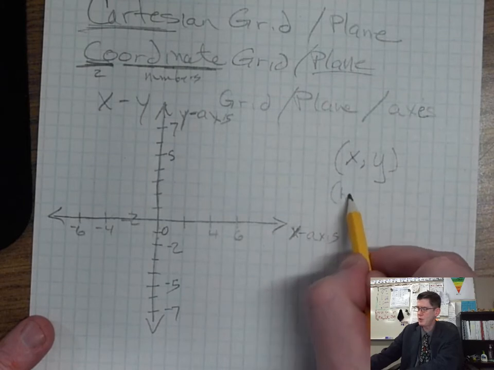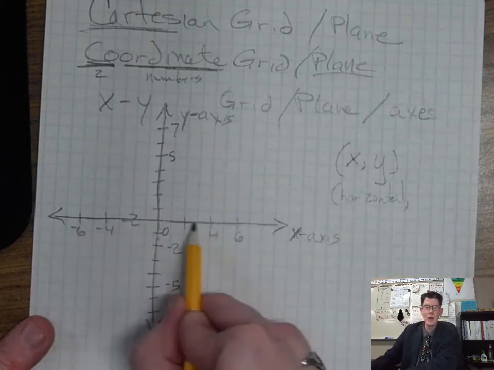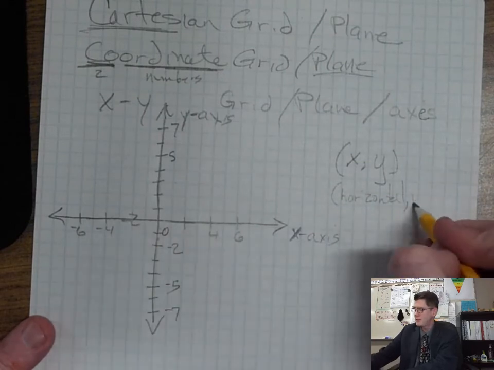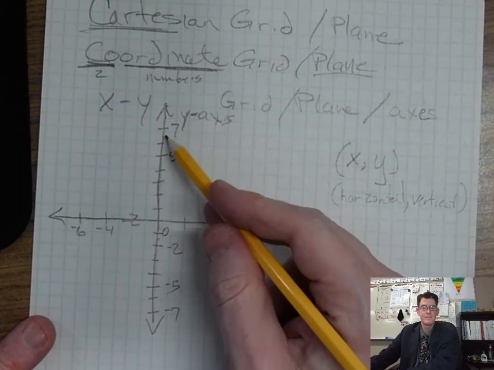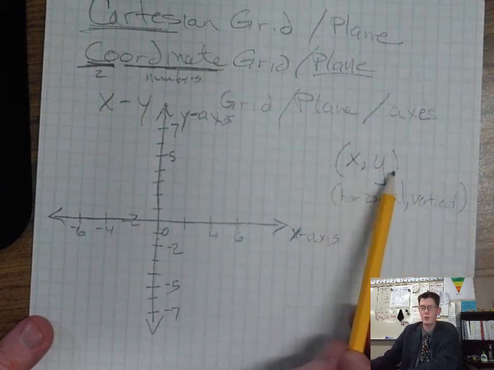The X number is the horizontal number, like the horizon goes across, and the Y is the vertical number, goes up and down.